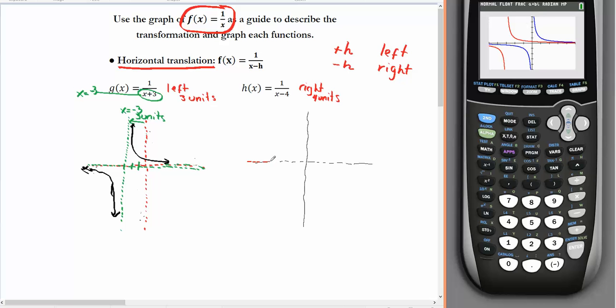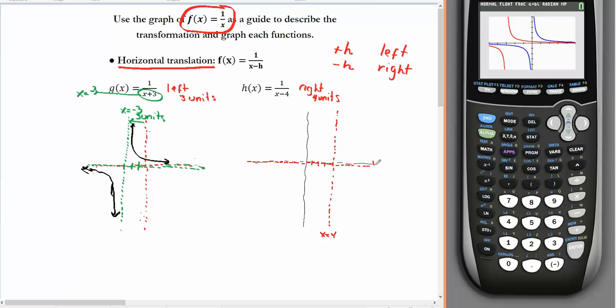So our horizontal asymptote is still the same, but our vertical asymptote has now moved 4 units to the right. We'll say this is 1, 2, 3, 4. Our vertical asymptote is now here at x equals 4.